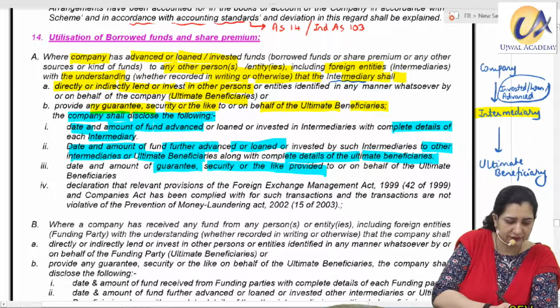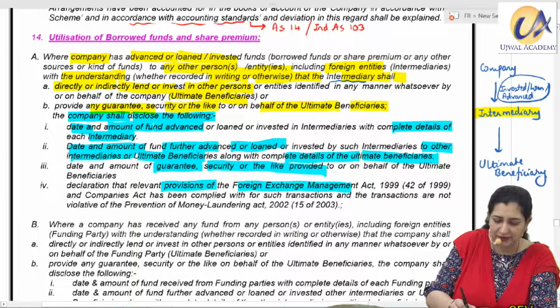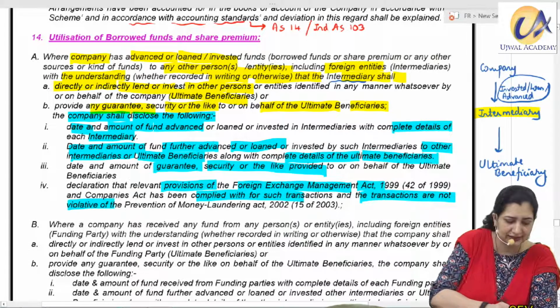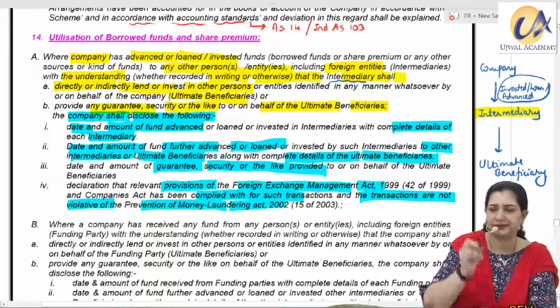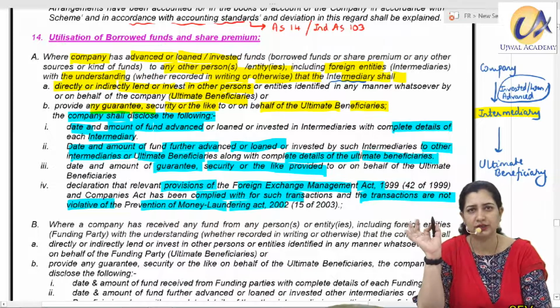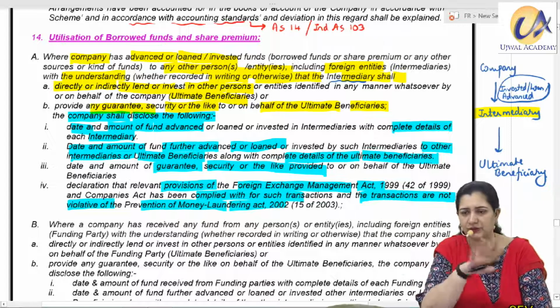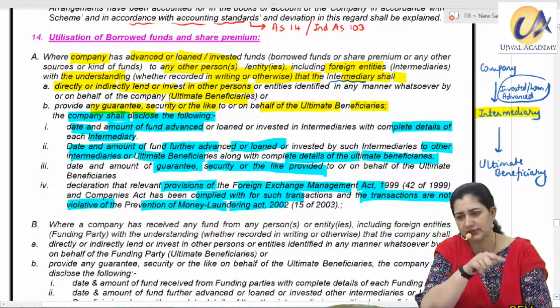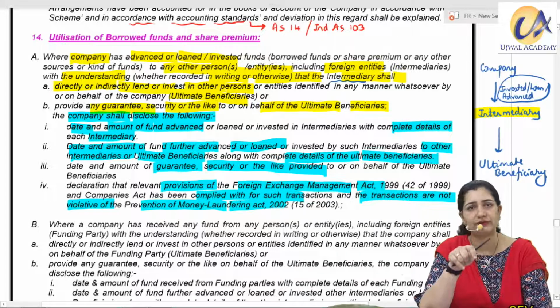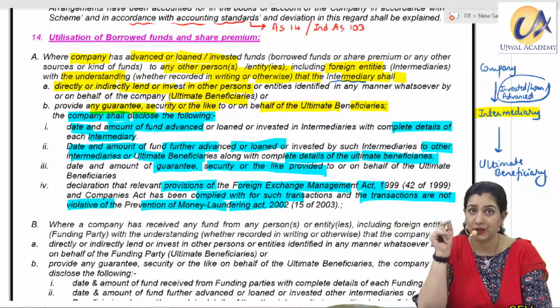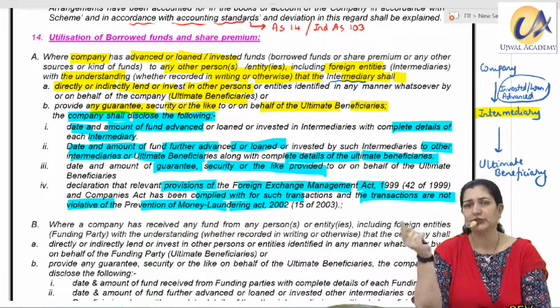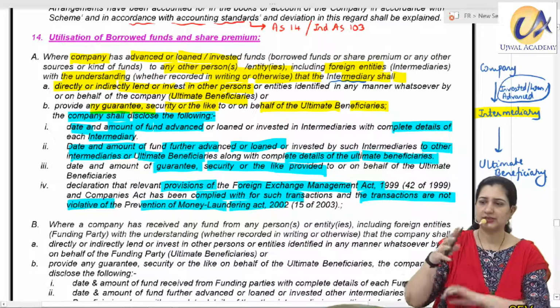And most important, whether the provisions of the FEMA Act have been complied with and the transactions are not violating our Money Laundering Act. So it should not be that they are doing some tax evasion here or some black money conversion here. No, that's not what we want. So this is what the company has to give, all the details of these things. And to add, I said even in auditing, you have to report about this. So this is my first scenario.